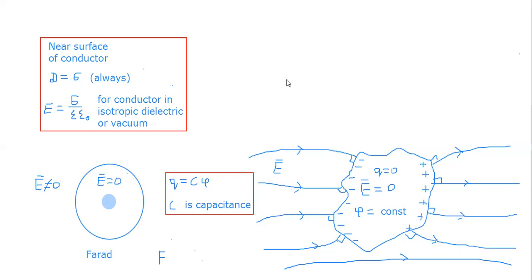So it was an example of use of the dependence of capacitance on electric charges near the surface of a conductor.